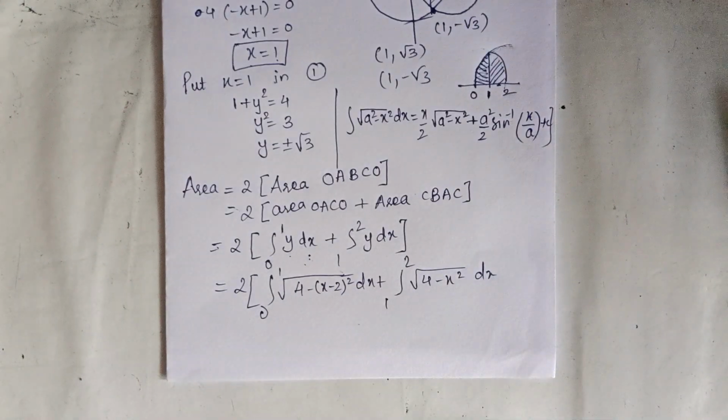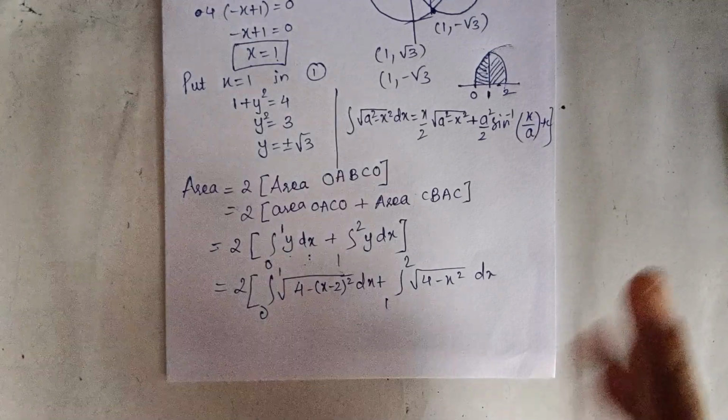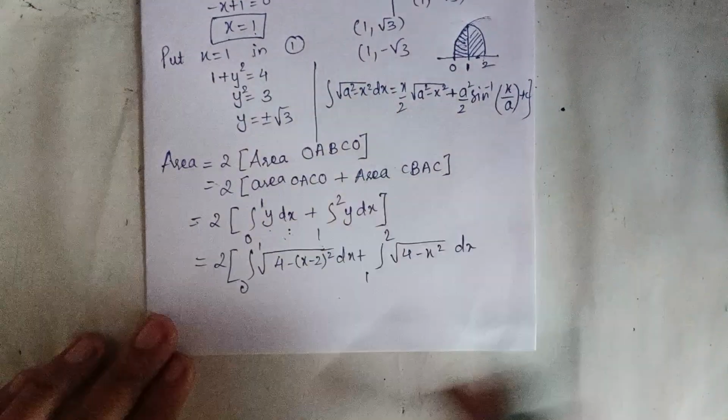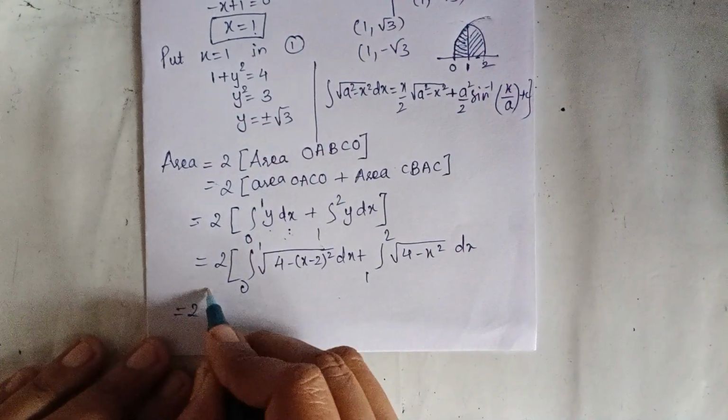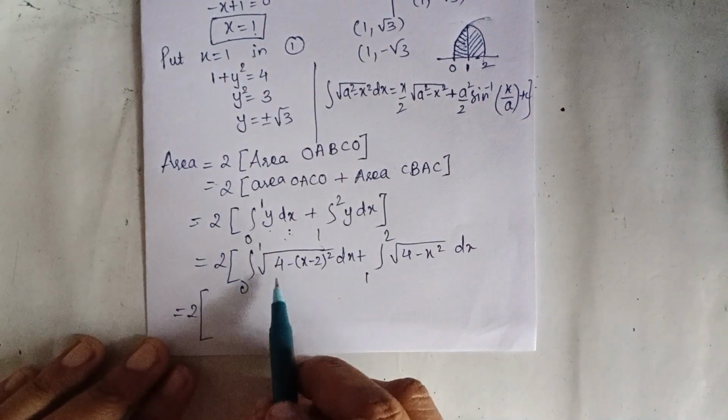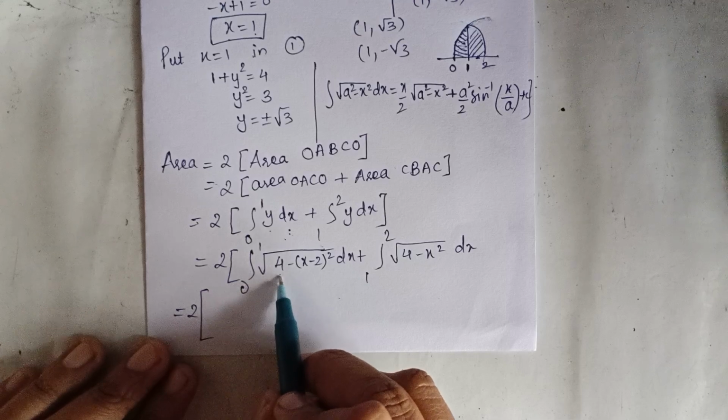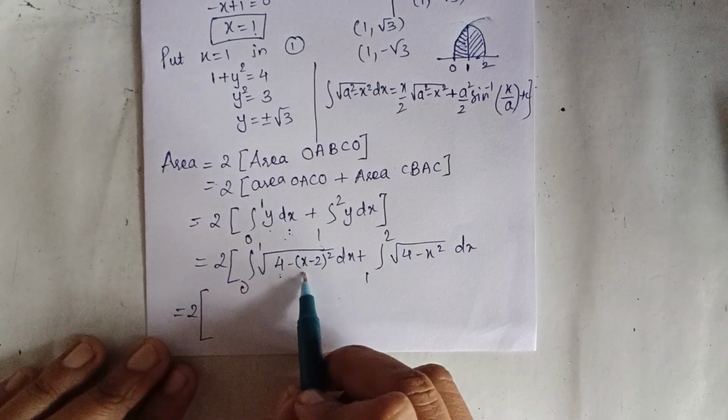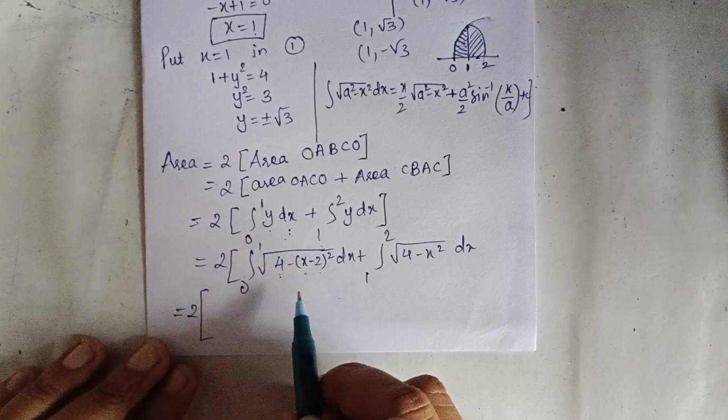Okay, so using that you will get 2. I'm keeping it outside. Here a is 2 and this is our x.